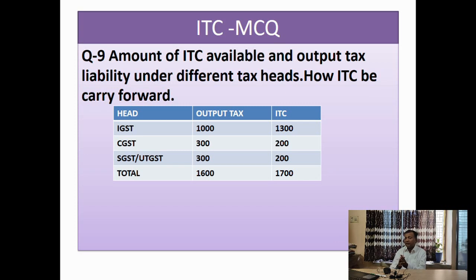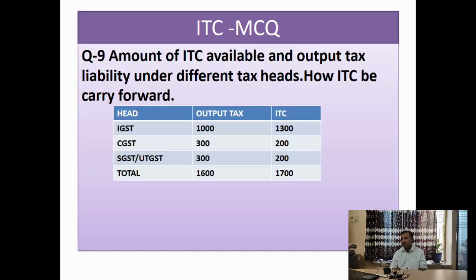If we say how it will be adjusted, then this 1300 ITC can be adjusted at first with output tax of IGST 1000. So balance remaining is 300.